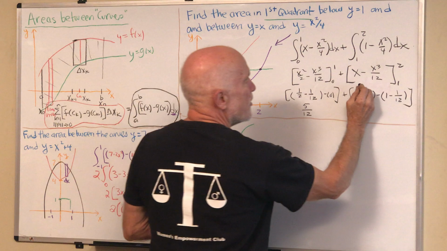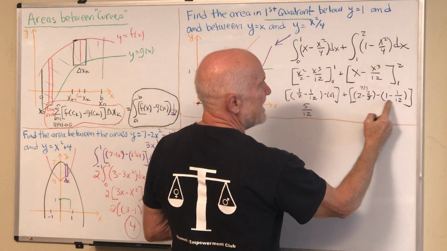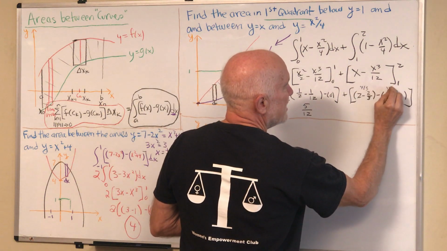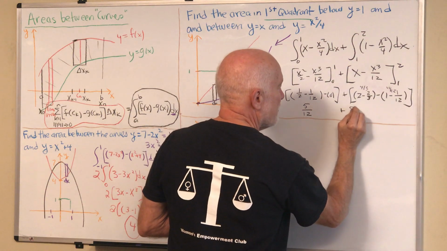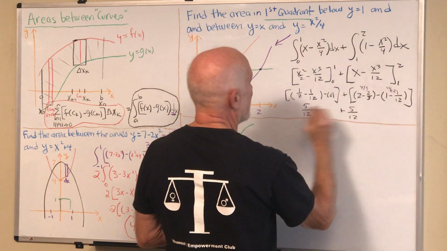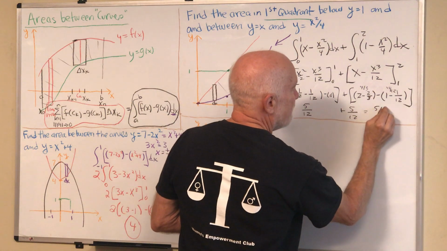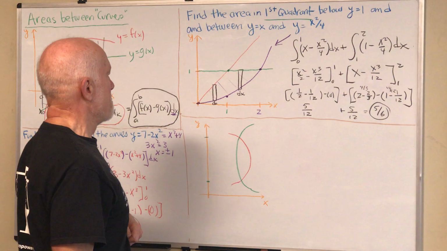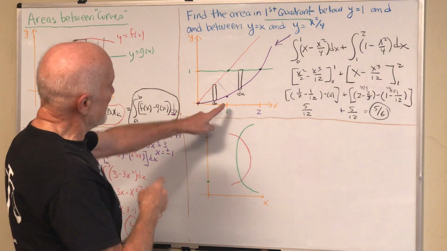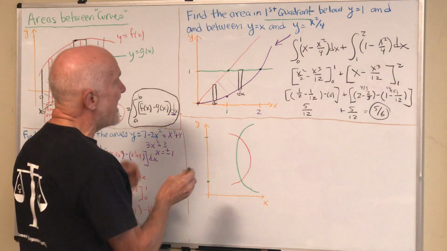So I get 4/3 minus 11/12, or I get another 5/12. So altogether I get 5/6 square units. And this is drawn a little bit more to scale.